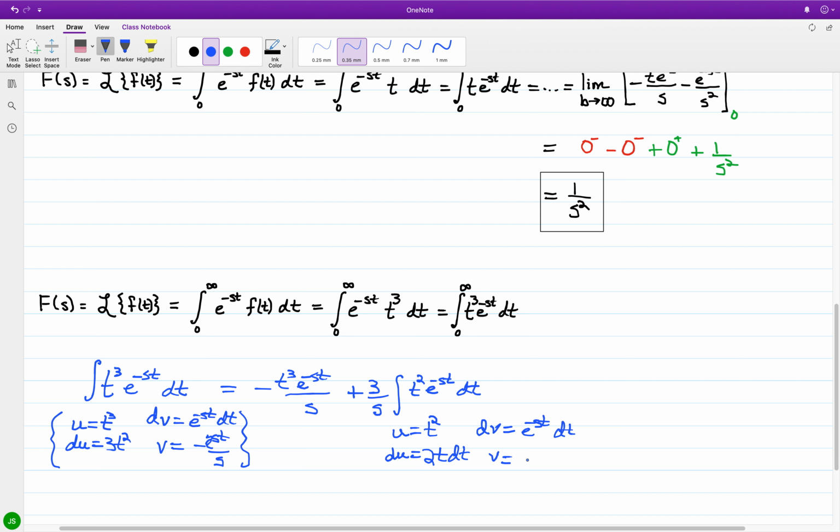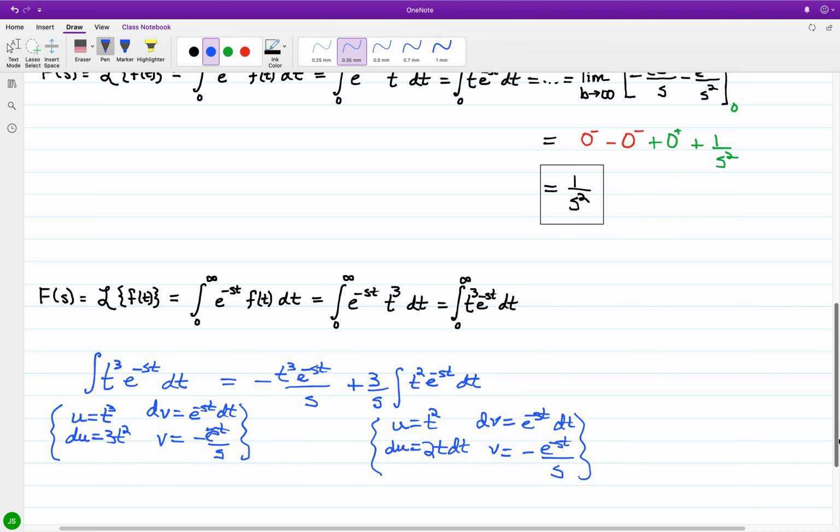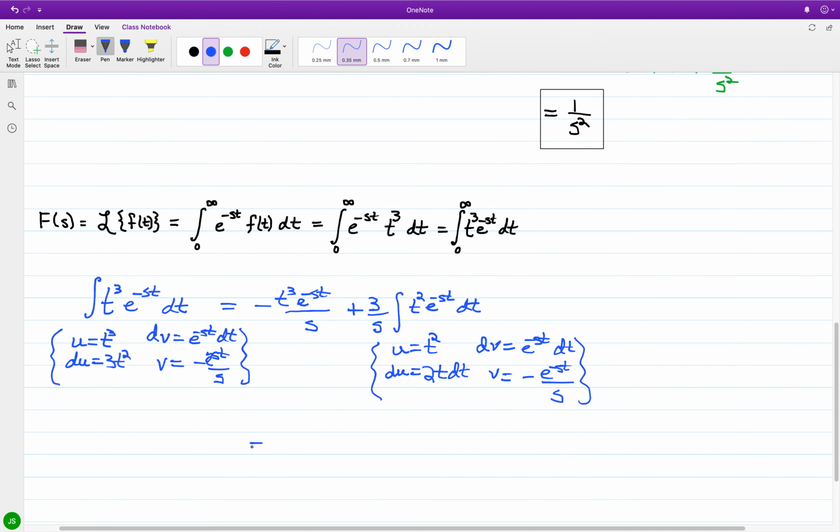And we have dv equal to e to the negative st dt, from which v is equal to the negative of e to the negative st over s once again. So in the next phase we have negative t cubed e to the negative st all over s.